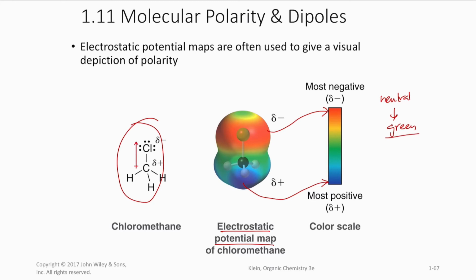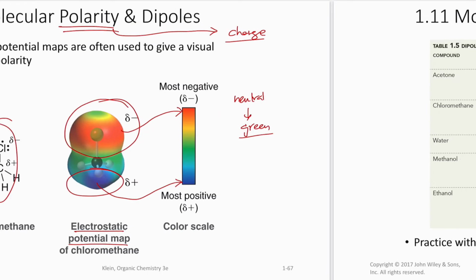Because there is a polarity, there is a large accumulation of negative charge on the top, and a large accumulation of positive charge on the bottom. This is what creates the polarity. Polarity refers to the charge.